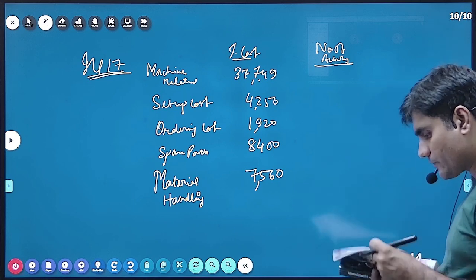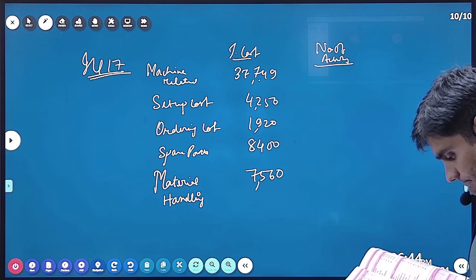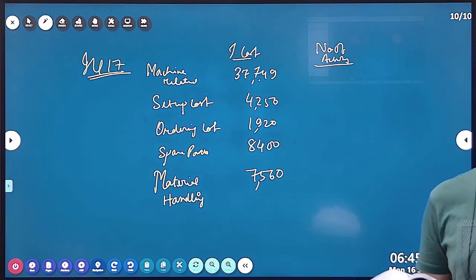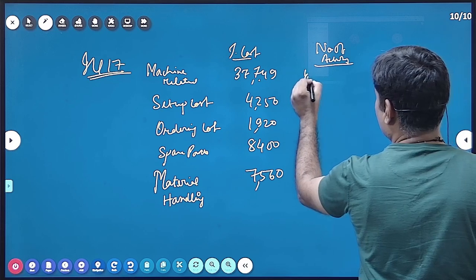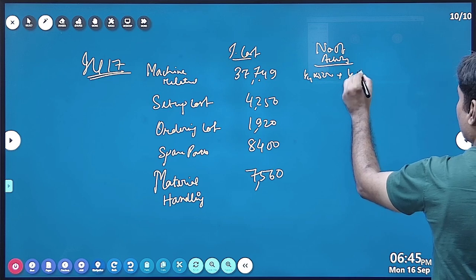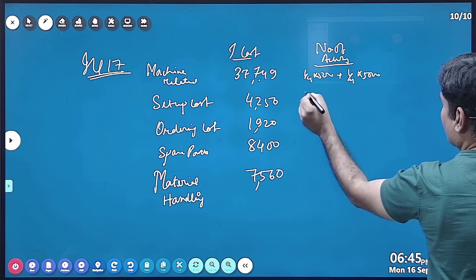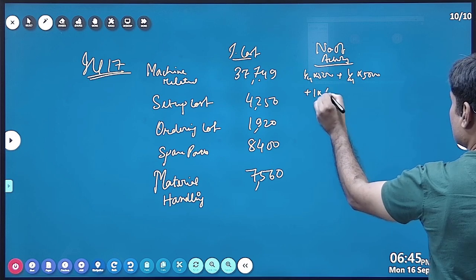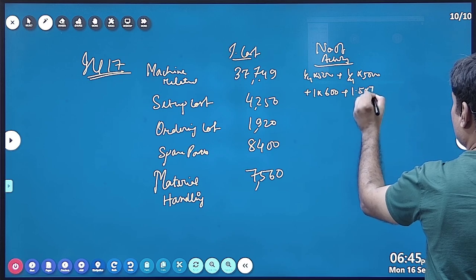You multiply it by 1/4 of 500. 500 into 1 by 4, 125. 1 by 4 into 500 plus, next will be 1 by 4 into 5000 plus 1 into 600 plus 1.5 into 7000.